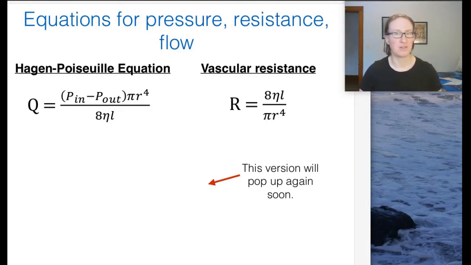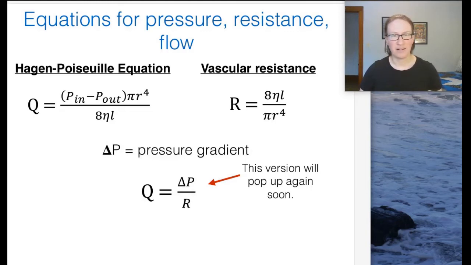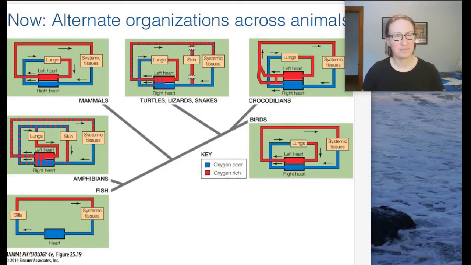It's related to the length of vessels divided by the vessel diameter. Then we could rewrite P in minus P out as delta P, or pressure gradient. That gives us an alternate version of the flow relation, which is basically a function of the pressure gradient divided by vascular resistance. We'll see this within a couple of short videos.